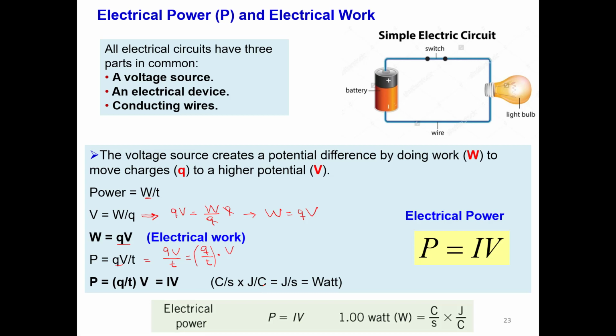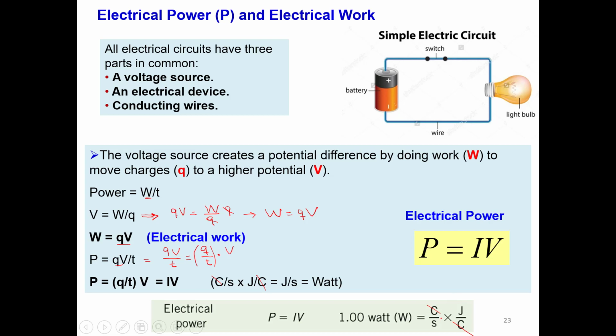So we have coulomb per second times joule per coulomb. What happens with the coulomb? They cancel out. And finally, we have joules per second. And this is how we define watt: joules per second, how much work per unit time.